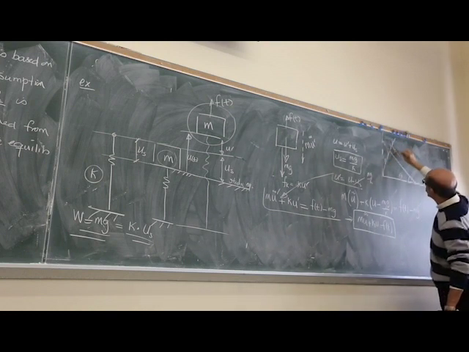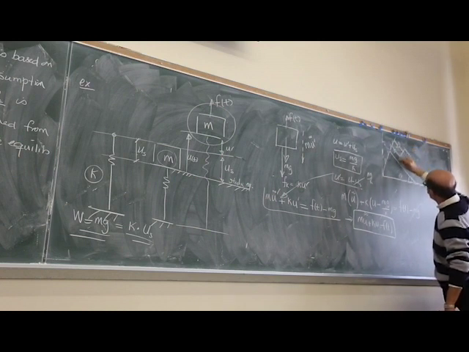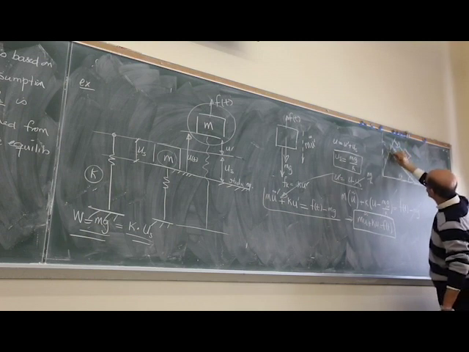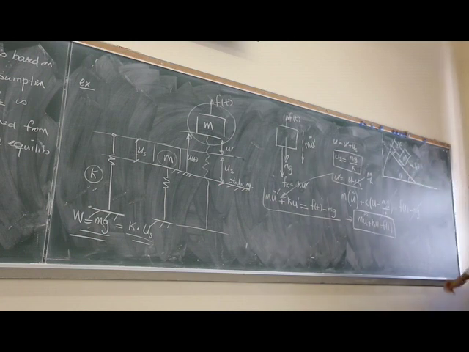You have a single degree of freedom system consisting of this mass, k, and c, subjected to a force F of t, okay? Considering this as the direction of motion.